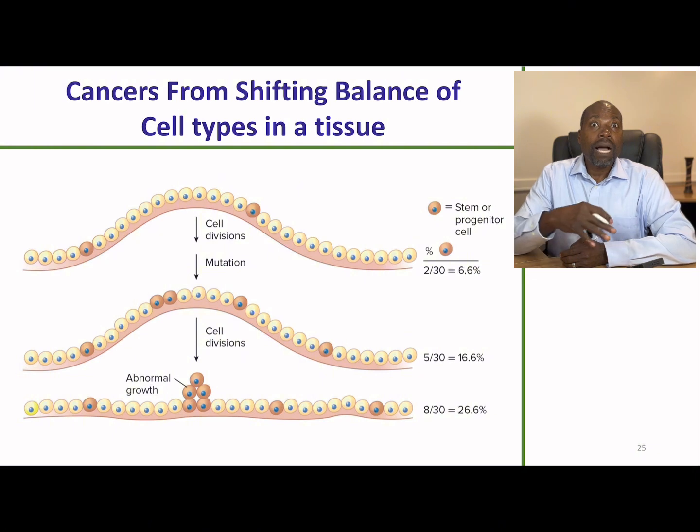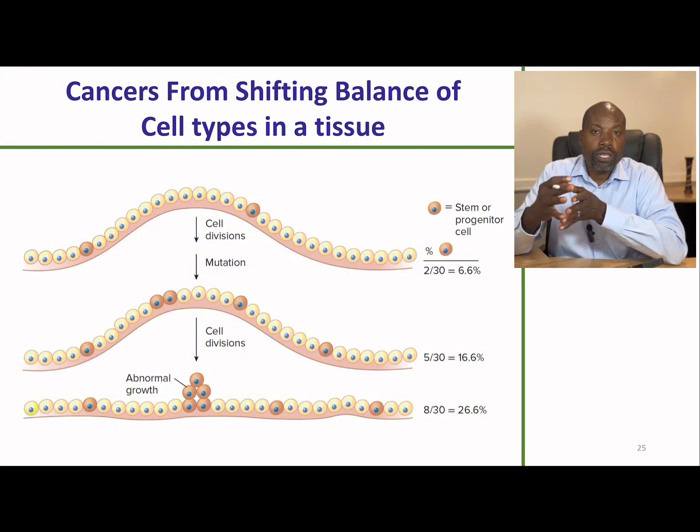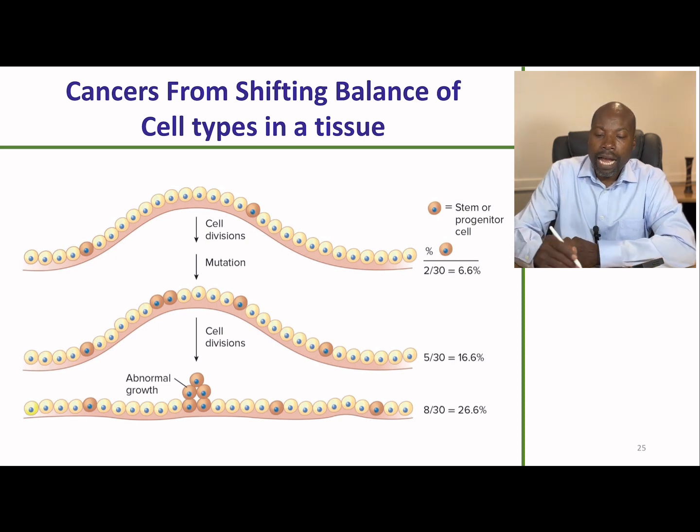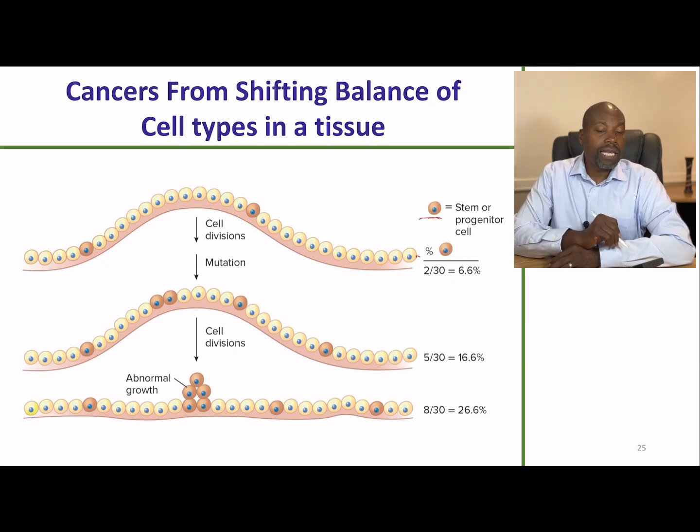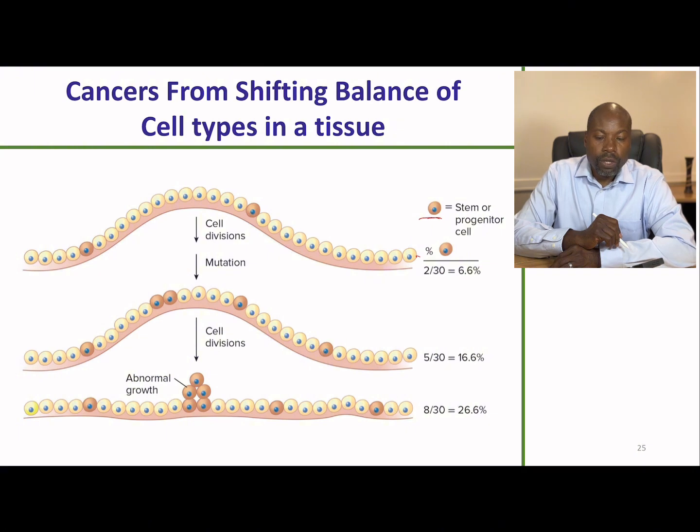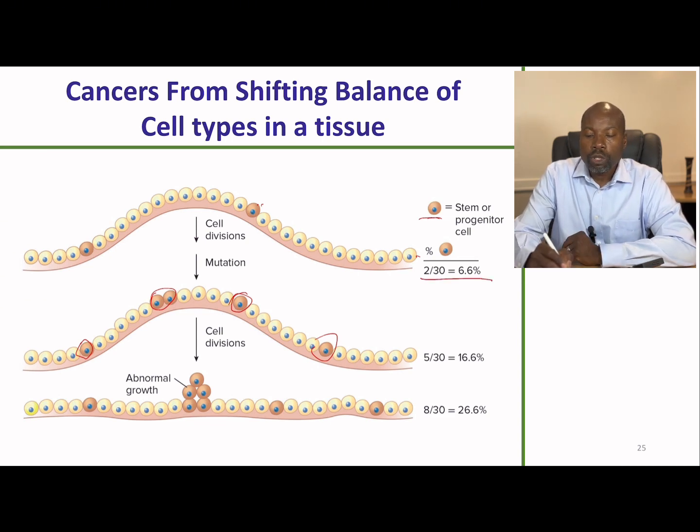Okay? Now we are going to address the proportion of cells in a tissue. So here we have a number of cells here with one cell that is a stem cell or a progenitor cell. So upon mutation of that one cell, right, we are going to have the cells that are going to increase in proportion. So we go from the top here, 2 out of 30 to now 5 out of 30.